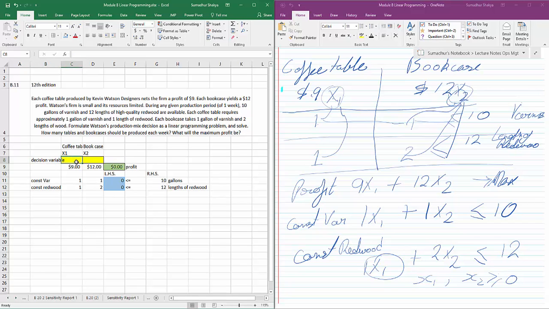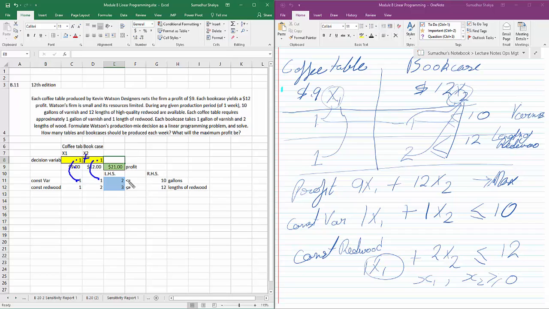If I make 1 unit of each, then I make 9 times 1 plus 12 times 1, so 12 plus 9, 21. By making 1 unit of each, we are using 1 gallon of varnish for the coffee table and 1 gallon for the bookcase, so a total of 2 gallons.